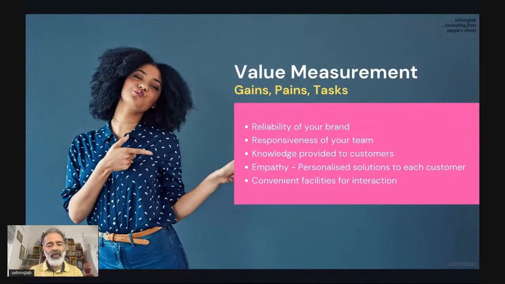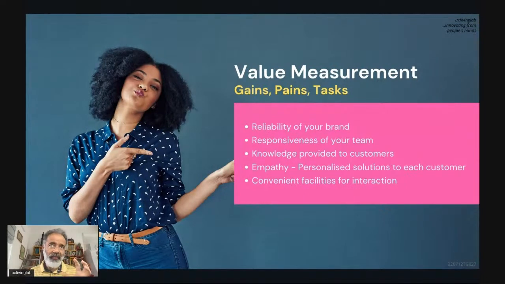Then value measurements. So at the end, you have to create some value with customers, value in customers' mind. Otherwise, you can't sell. How costly your product is or how cheap your product is doesn't matter, whether the customer is having a value. If you are talking only in money terms, how can a low cost car and a luxury car both sell?